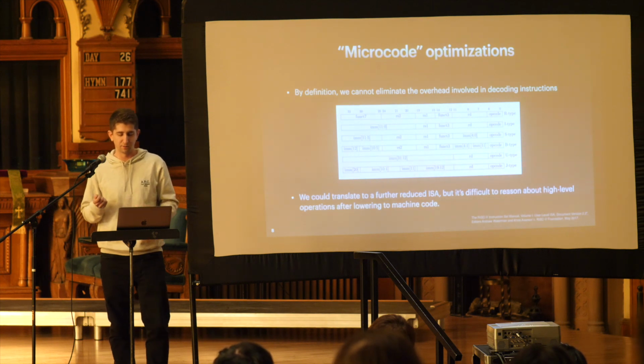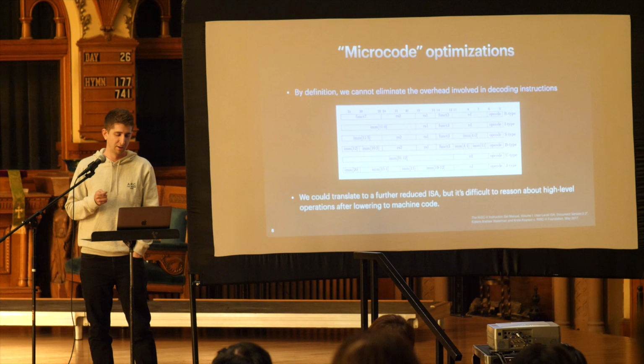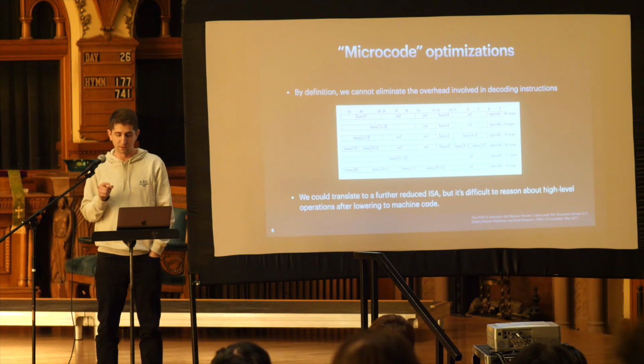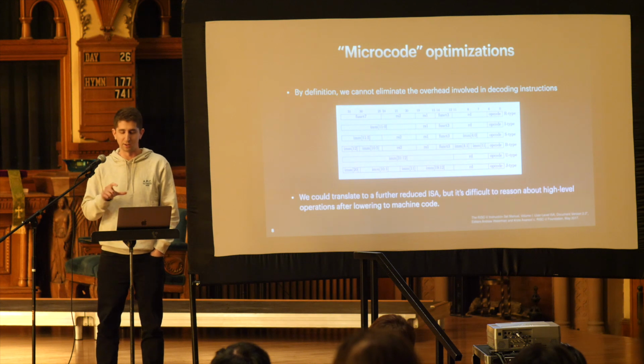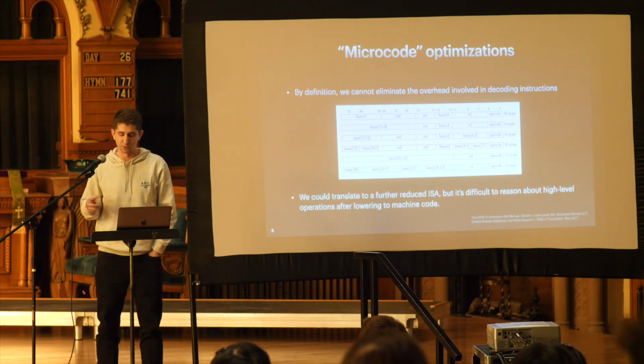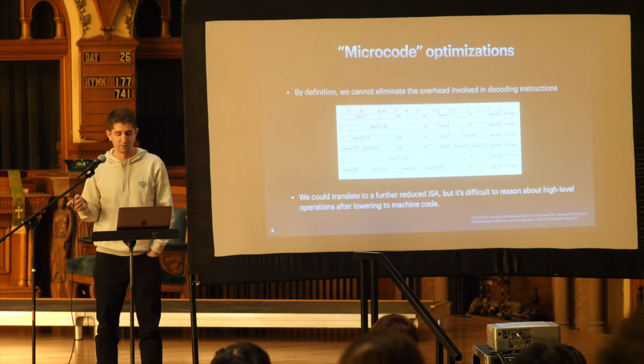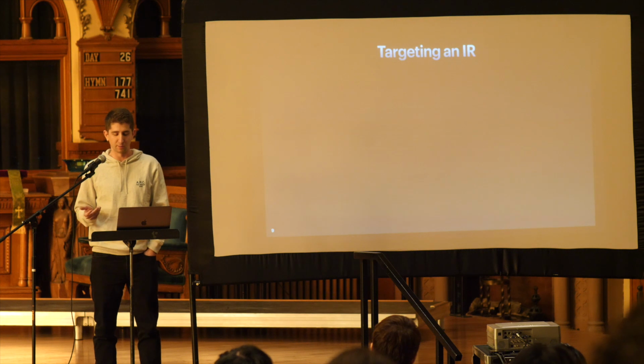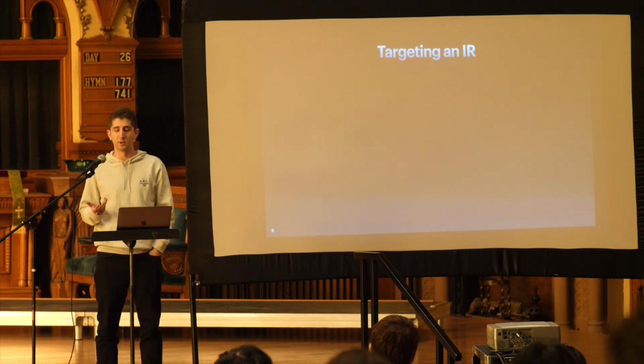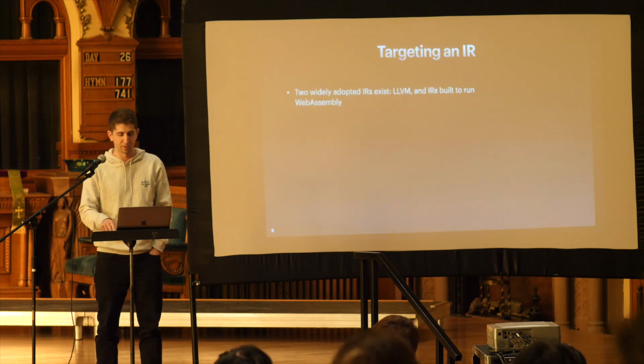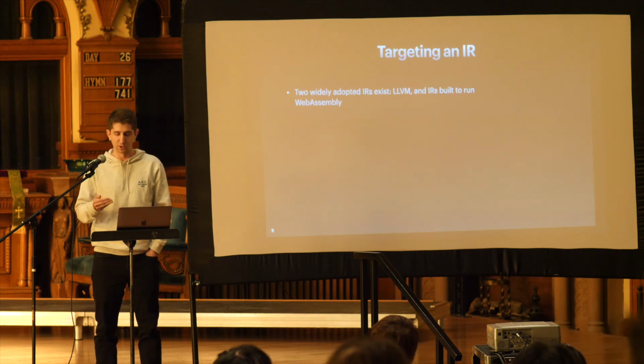We could think about translating the instruction set to something that's more zkVM friendly, but it's difficult to reason about high-level operations after we've already lowered to machine code. So instead, we can think about targeting an intermediate representation, which is one step above machine code.